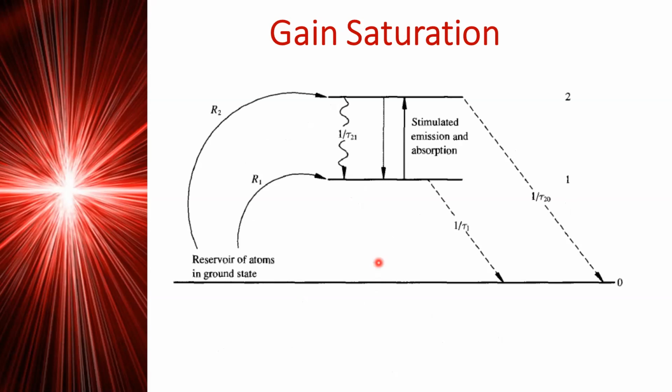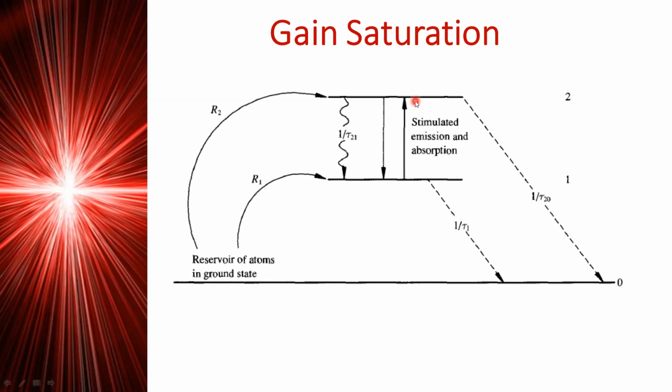Maybe 2 lectures ago, we defined the Einstein coefficients on 2 energy levels, E1 and E2, where we defined the 3 main processes: the spontaneous emission, the stimulated emission, and the absorption. Now we turn to what's called a 3 energy level system, or 3-level system.